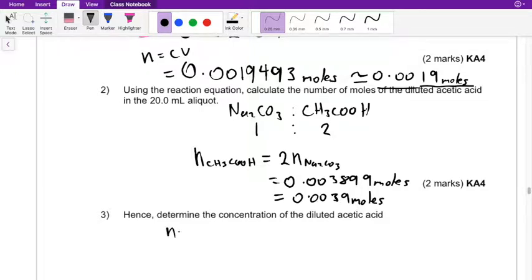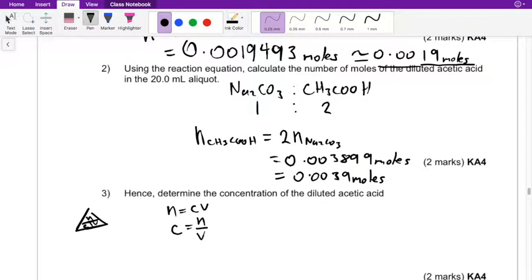So if n equals CV, then C equals n divided by V, or you can use your triangles. That's going to be equal to, now we're going to use that carrying number from the calculator, not the rounded number, divided by the volume.